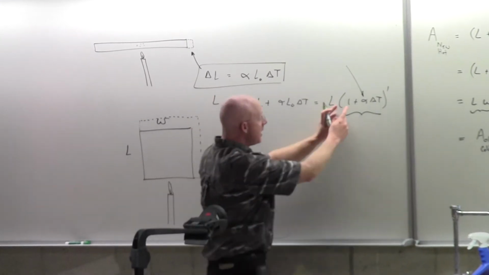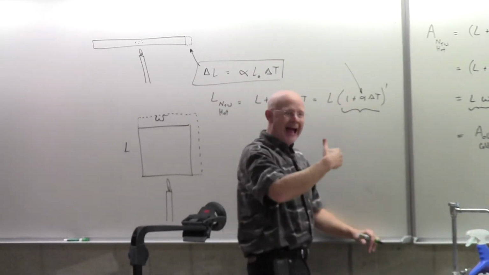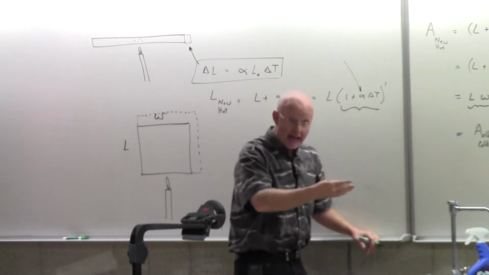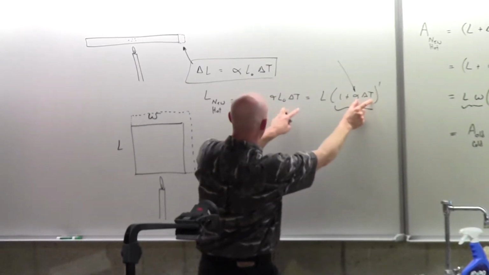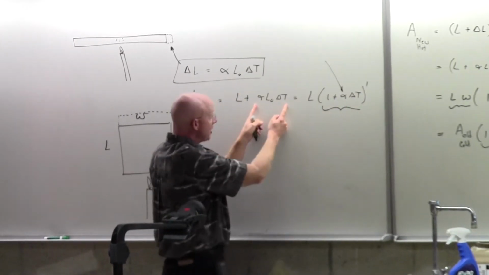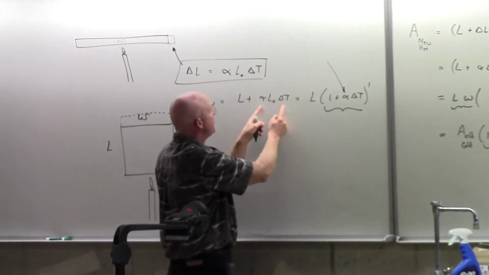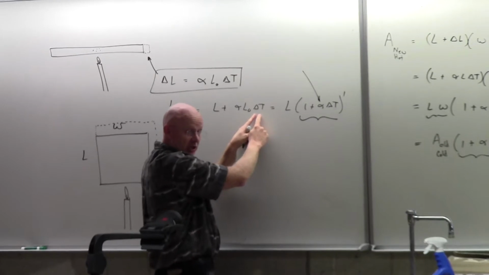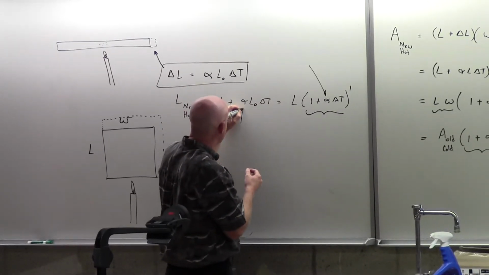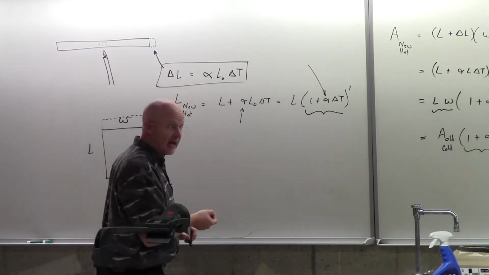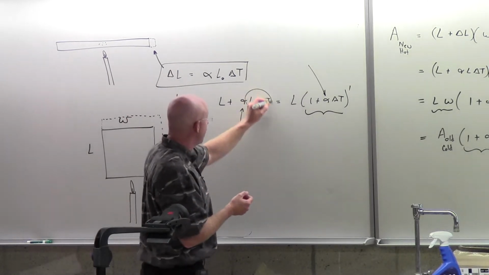I mean, the 1 here is telling you how much it already had. This next piece, which comes from this piece, is telling you how much bigger did it get, which is based on its length and its temperature change. And so that is what we called its linear coefficient. That was kind of the key recipe of saying how much bigger did it get. You just multiplied by those other two.